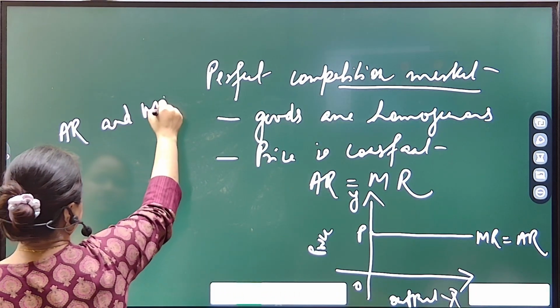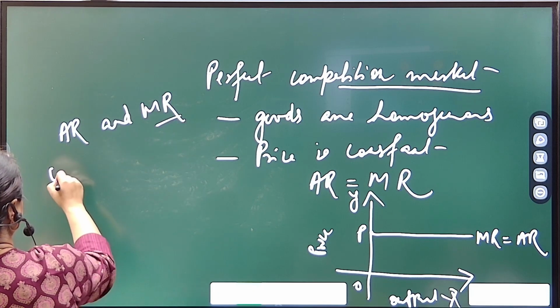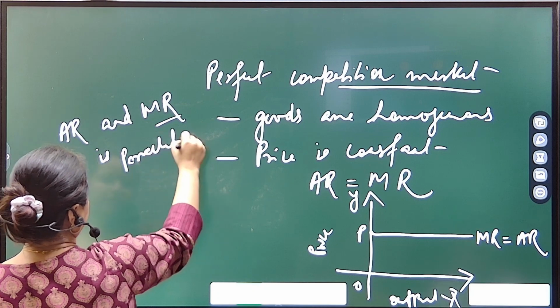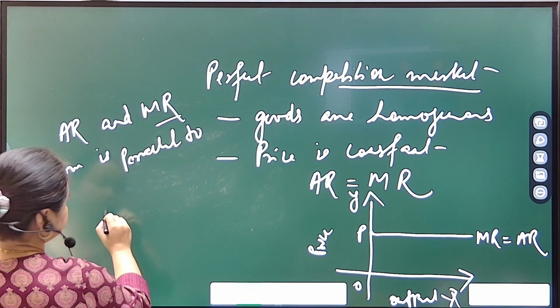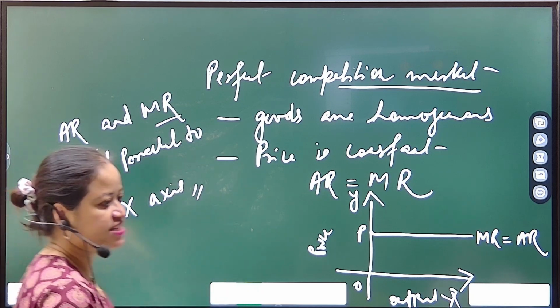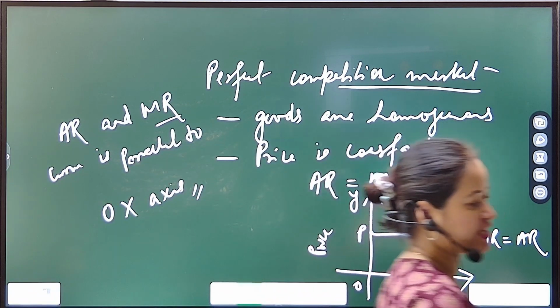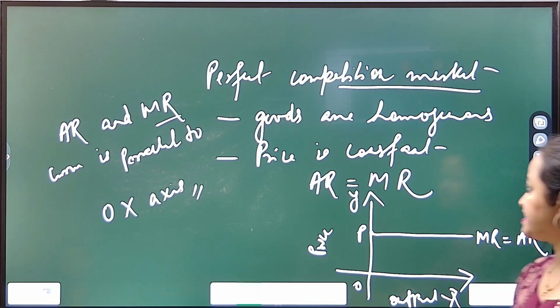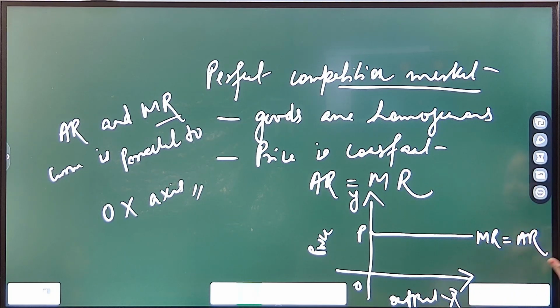And that is because the AR and MR curve is parallel to the OX axis. So what is the fact here all about? In perfect competition, as goods are homogeneous, price is constant. So as price is constant, AR and MR are equal.